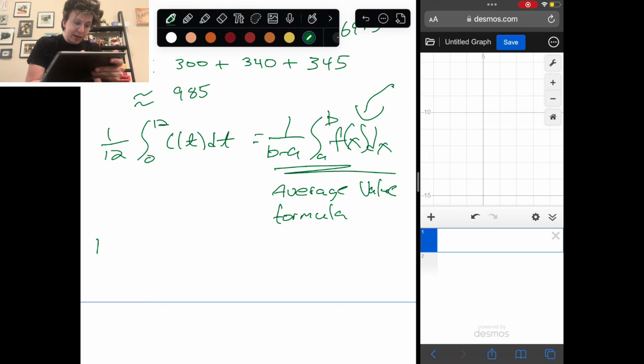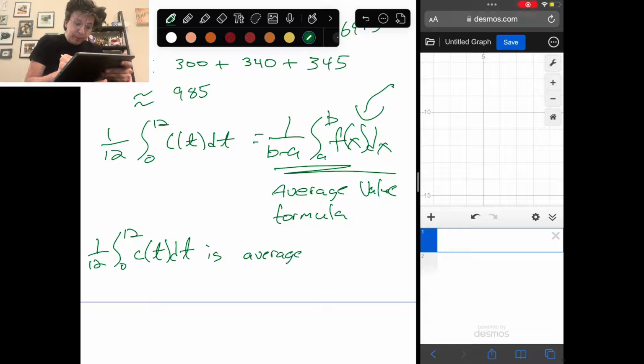All right, so let's do this thing. So 1 over 12, integral 0 to 12 of C of t dt is the average temperature of coffee.